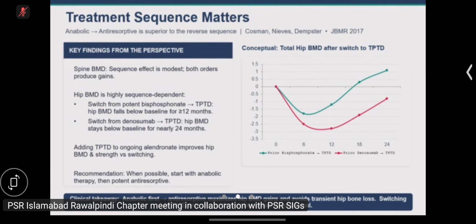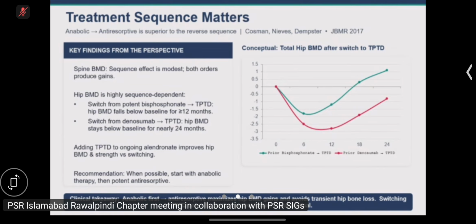So switching to teriparatide would not be a good idea, but combining teriparatide with alendronate is a better idea. So the position statement recommends, when possible, start with anabolic therapy first, so you don't have to make the switching, and then switch to anti-resorptive agents if need be.